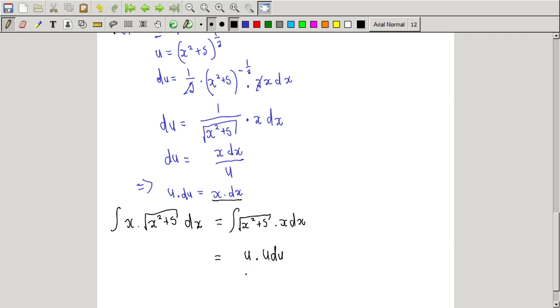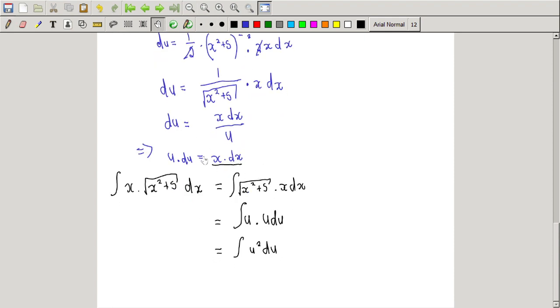Beautiful. Now with the integration symbol, this is the same as integrating u squared du. It's much simpler in this way actually. So it's 1 over 3 u to the power of 3 plus c.